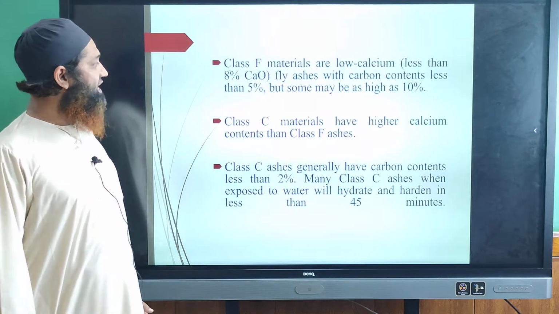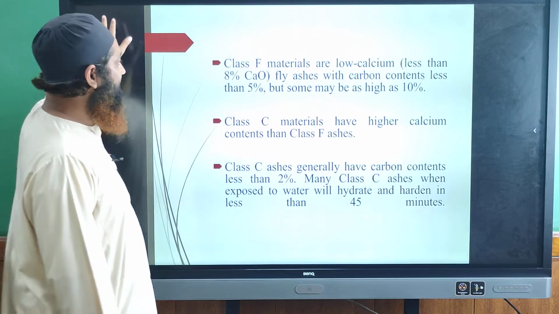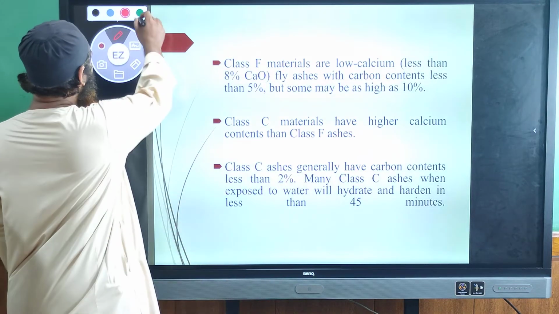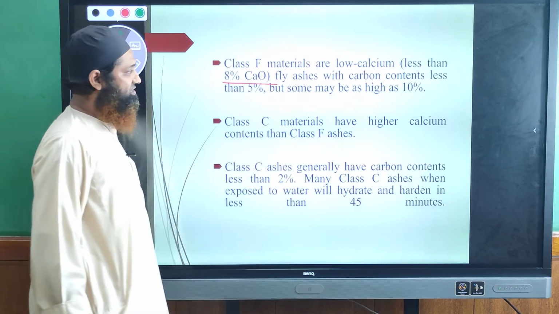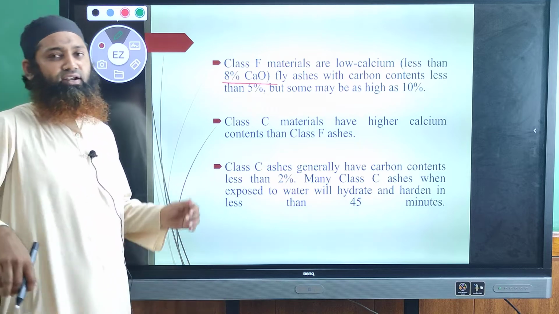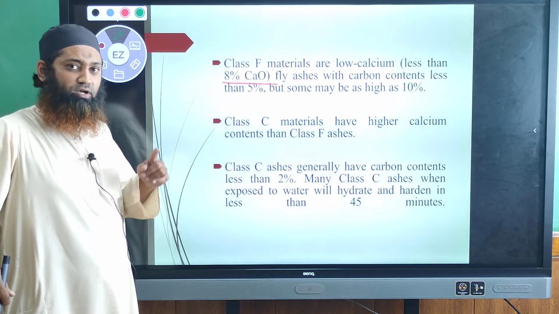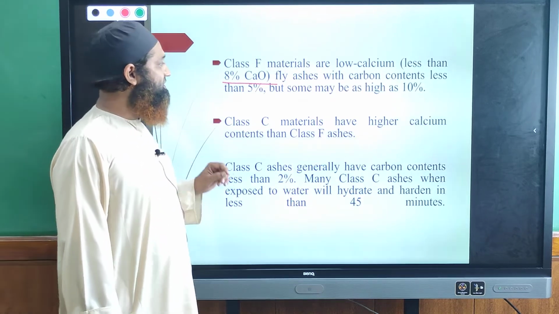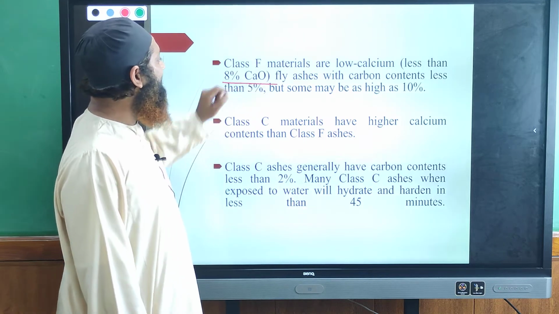Let us see the class F fly ash. What is class F fly ash now? Class F fly ash is low in calcium, less than 8% calcium oxide. As I told you in the previous slide, in Portland cement the content of calcium oxide was about 62%, whereas here the content of calcium oxide is less than 8%.